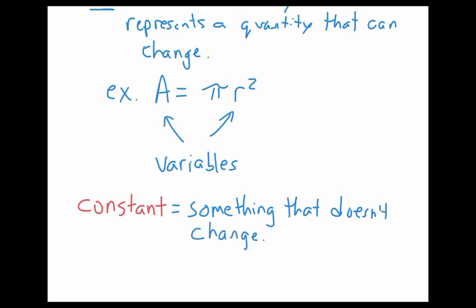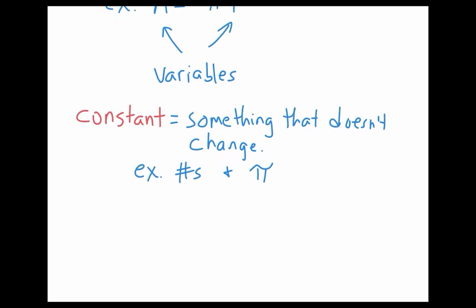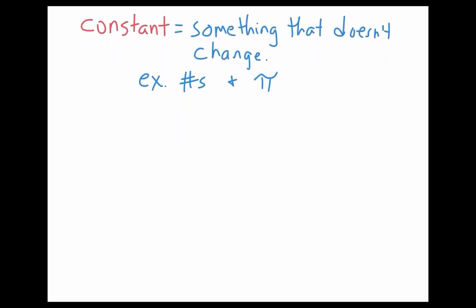So you could talk about numbers, for example like 2 or 4 or 153. But also things like pi. And you'll learn more of those constants, special numbers that you use in math and science as you go on and do more stuff.